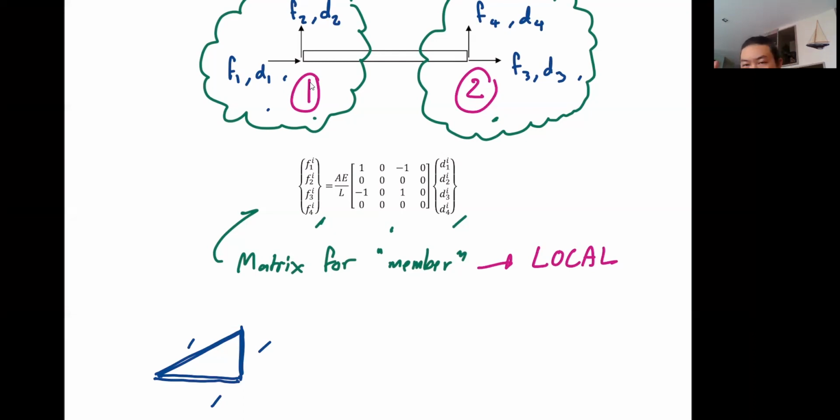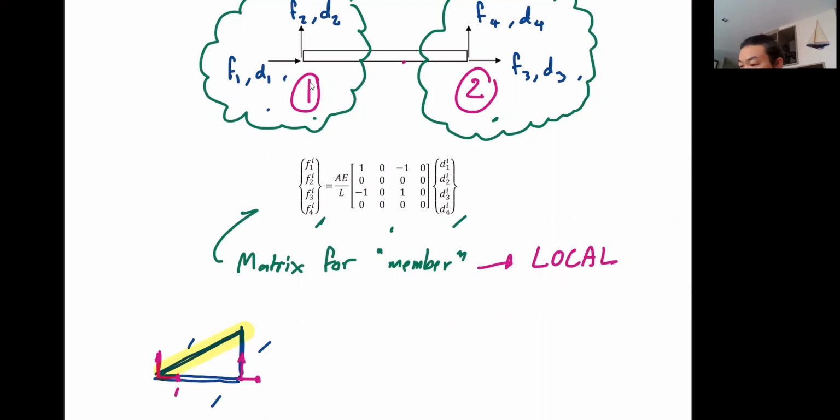What we have now is just the system for one member. Okay, it works when you have the coordinate that lies, let's say if you look at this member, you have the D1, D2, D3, D4 in the perfect direction like this. But when you look at this member, what's going to happen?